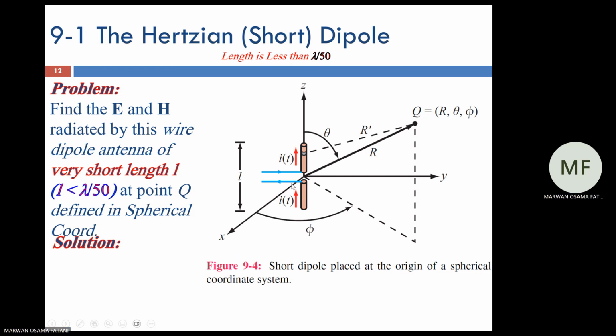The radius R is the vector from the origin to the point Q, and R dash is from any specific small segment of the wire of the antenna until you reach Q. And Q is exactly the point in space that we are trying to define the properties of the electric and magnetic fields.